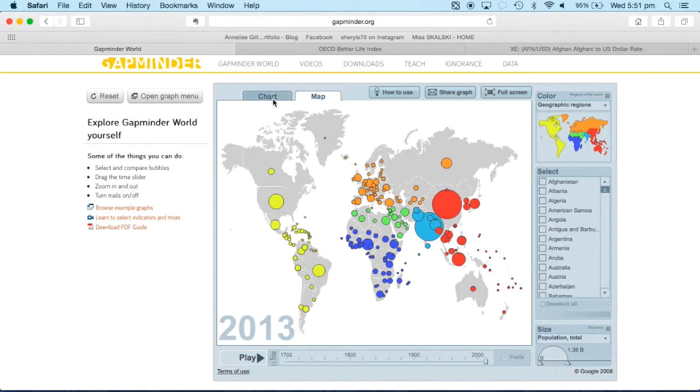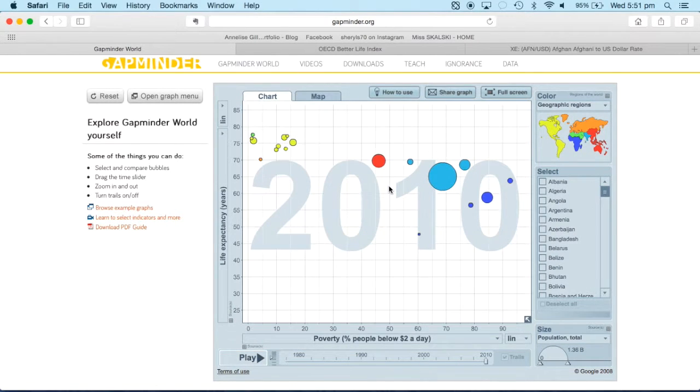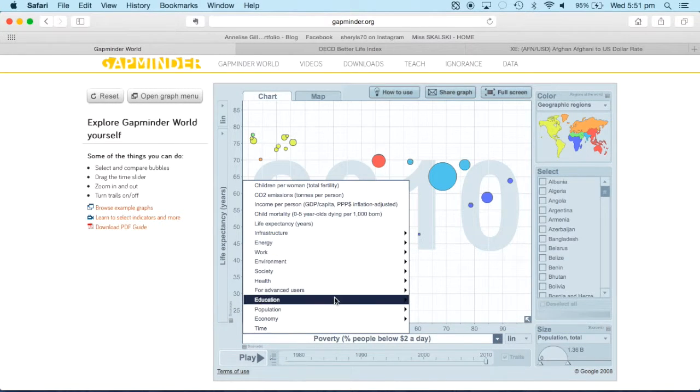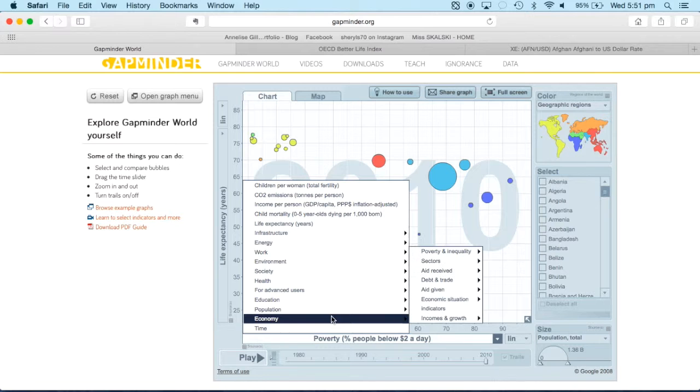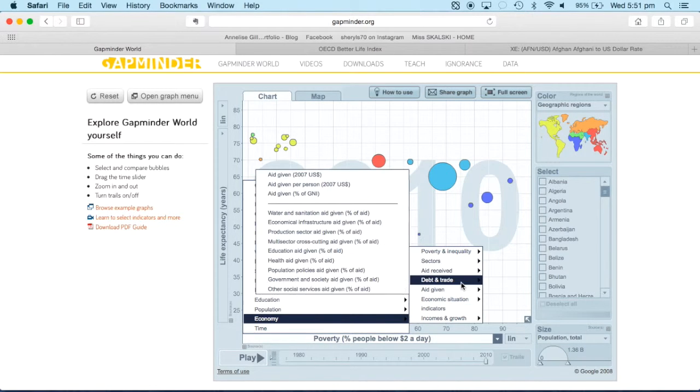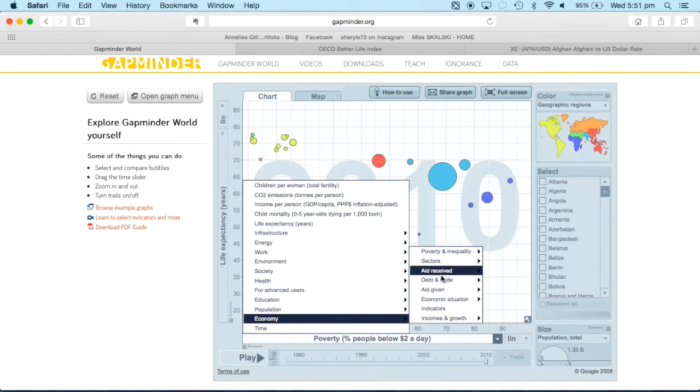There's been no change. So maybe the chart is going to be a better one to look at that. But there are some other indicators on there of poverty as well. Economy, so things like debt and trade, aid given. So for people who want to live in particularly rich countries or poor countries, that might be an indication.